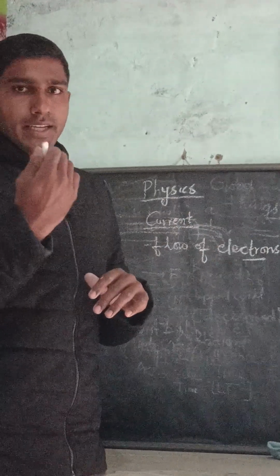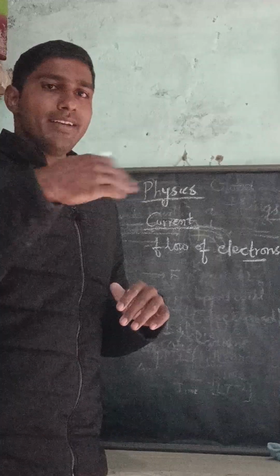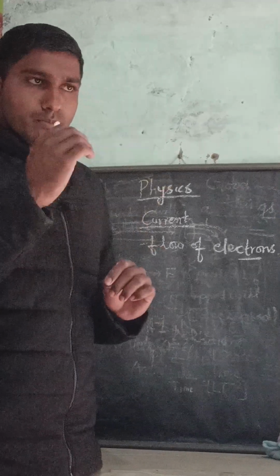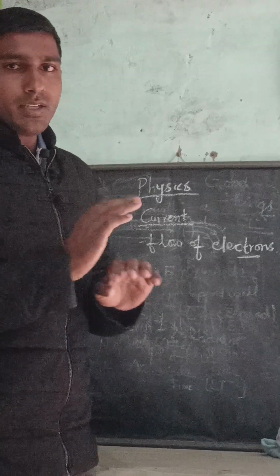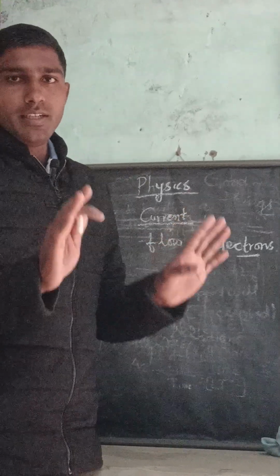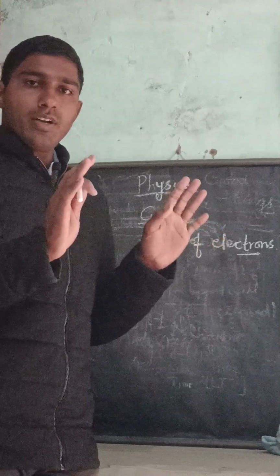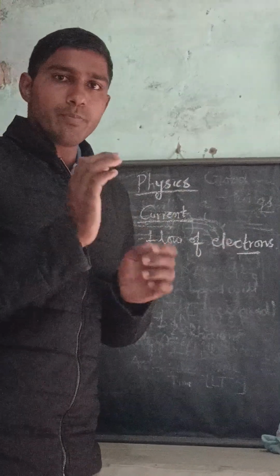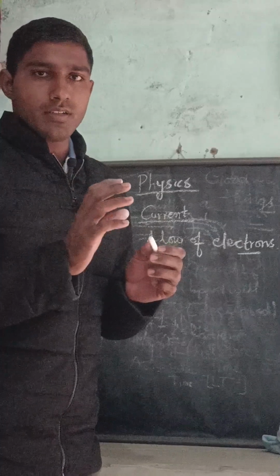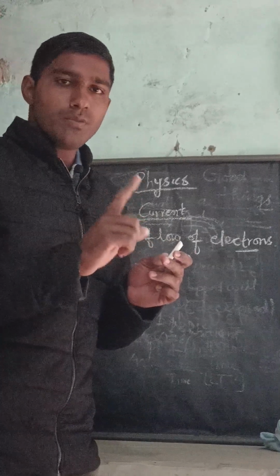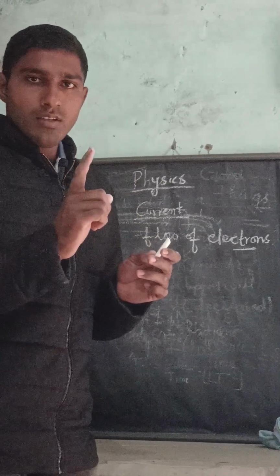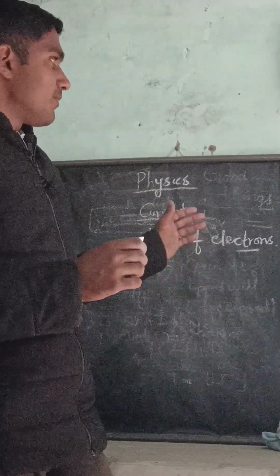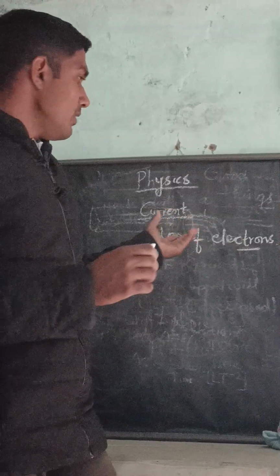If you take the wire in any direction, when you switch on, it starts flowing. So still it has direction, but it is not a vector quantity. It is only a scalar quantity. So this is the property of current: firstly, it is the flow of charge. Second, the direction it has.